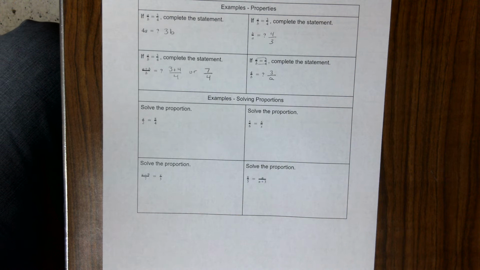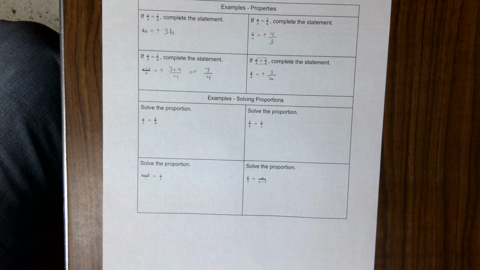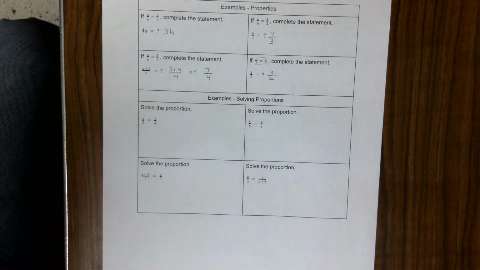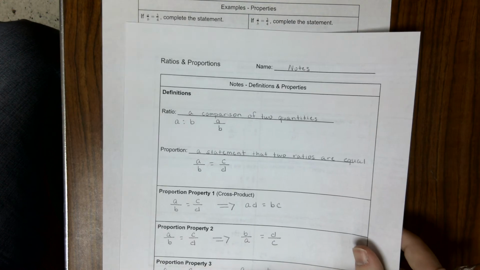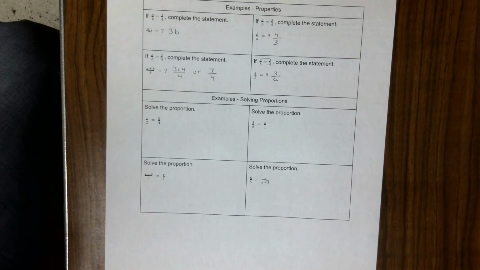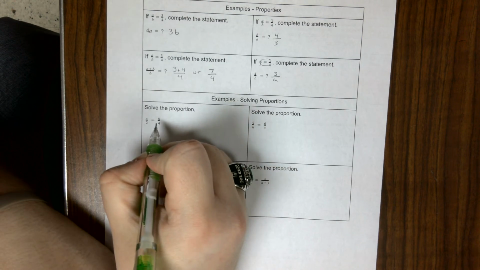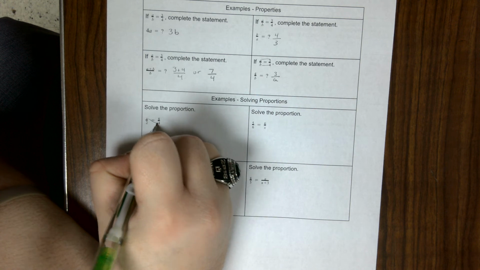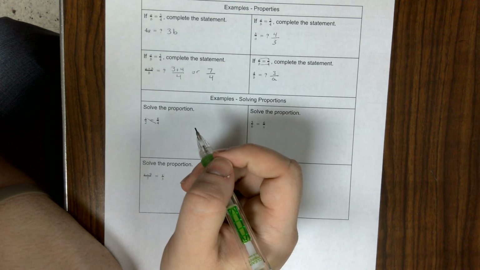Alrighty then. Now we're going to talk about solving proportions. And these are so easy. I don't want you to mess them up. I mean, they're literally easy. Use this first property of cross multiplication. That's all you're going to use. The way I tell myself is go from the top of the first to the bottom, and it's multiplication.